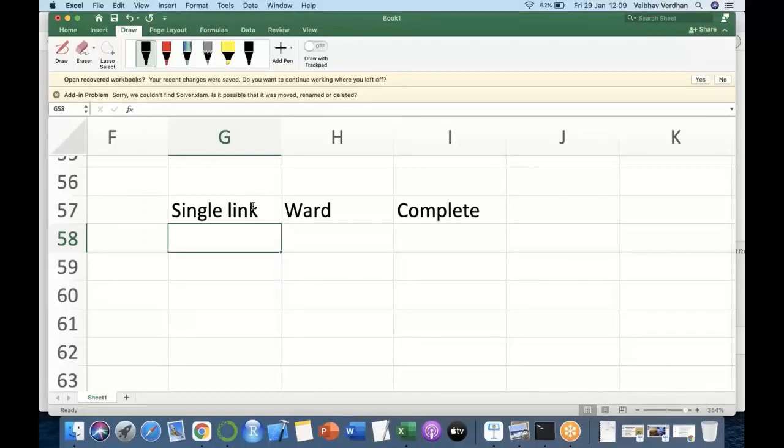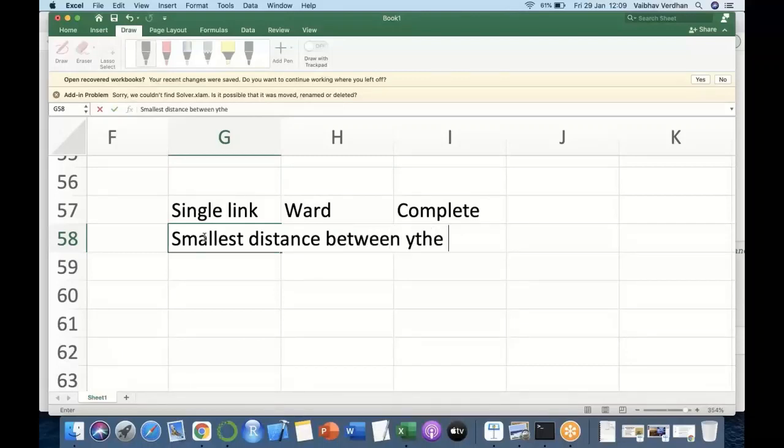What it means is that if you want to simply measure the distance between your observations, like in the case of single linkage, you would measure the smallest distance between the observations, right?